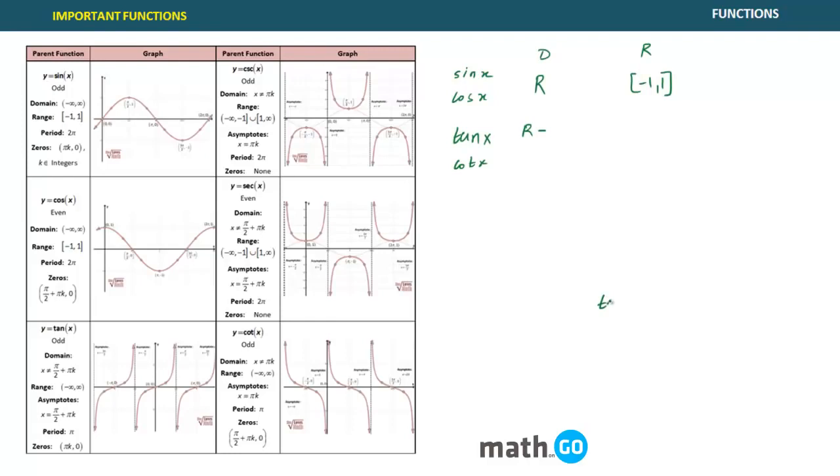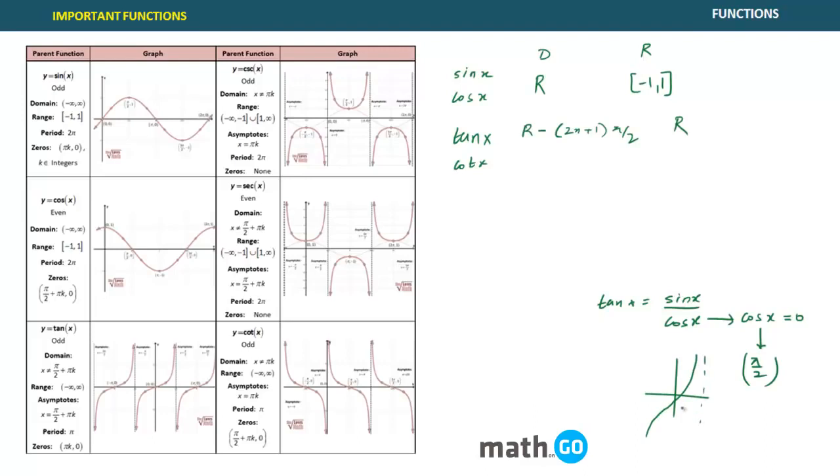Tan x is nothing but sin x by cos x, so it will not work when cos x becomes equal to 0. Can you tell me a value where cos x becomes 0? Quickly. Yes, it becomes 0 at pi by 2. So you want to remove all those values, that is, odd multiples of pi by 2. It will not work at these, and the answer could be any value, because we know that the graph of tan is something of this sort, where these are the asymptotes.